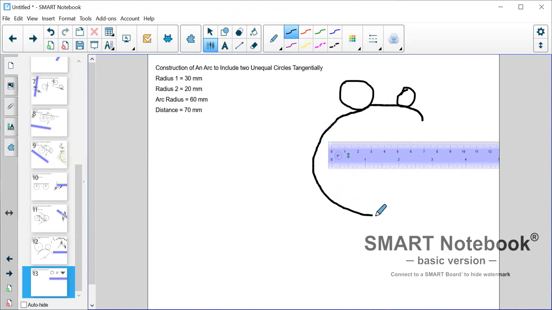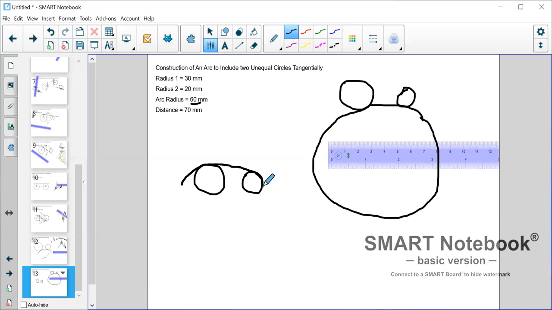Or as we discussed, the arc is just a portion of the circumference of a circle. So if we were to complete the entire circle, these circles that you're given here, R1 and R2, will be on the outside of that arc, and by extension, the circle. Now, this topic here, that the arc will include the unequal circles, it means now that the two circles will be on the inside of that larger circle, or the arc, as we have in the topic, right?